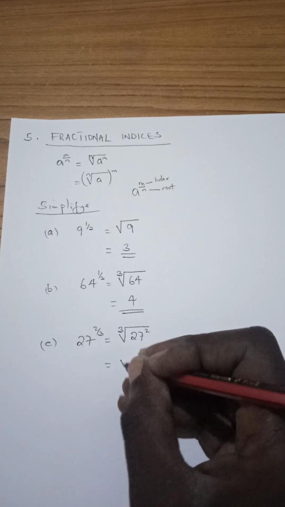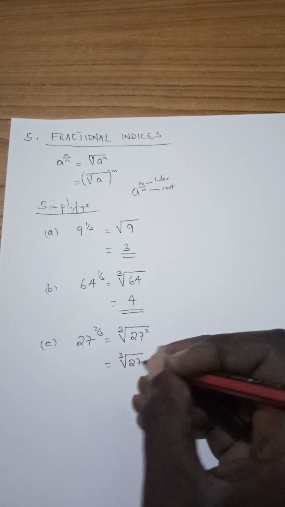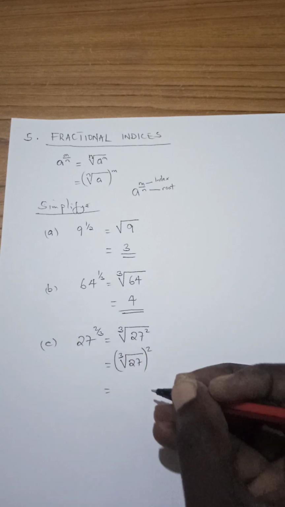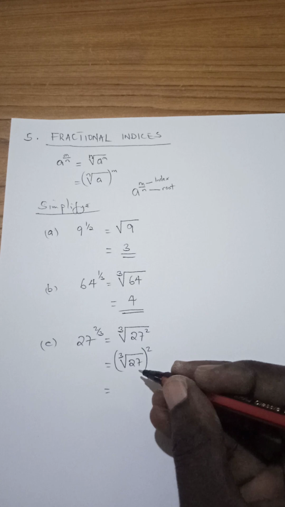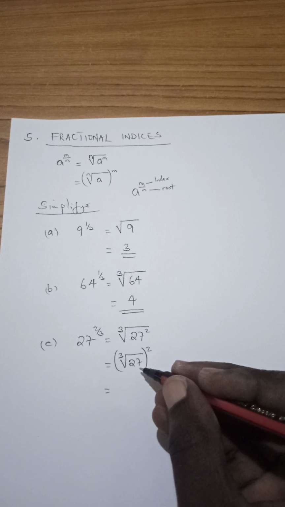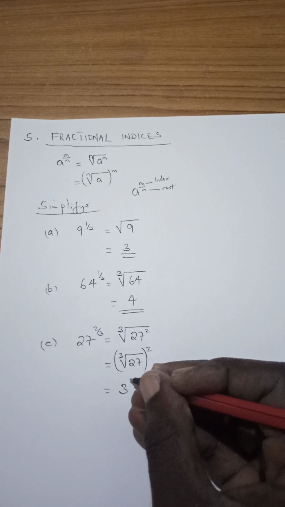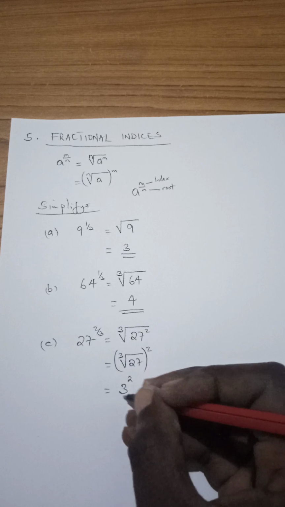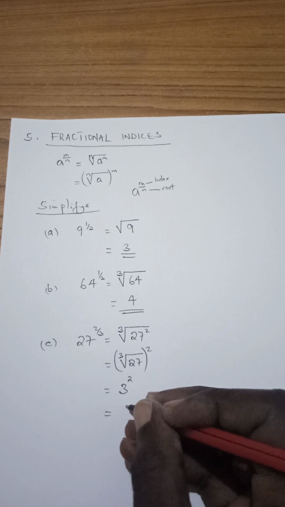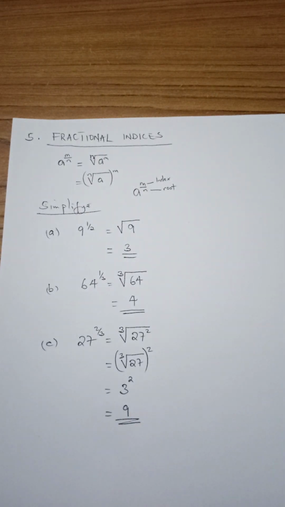So the best I'll do, let me write it in the other form. The cube root of 27, then I raise it to power 2 like that. So the cube root of 27, a number that you multiply 3 times to get 27, that is 3, and then we now square it. So this is the cube root of 27, we square it, which will now give us 9. So that will be our answer.